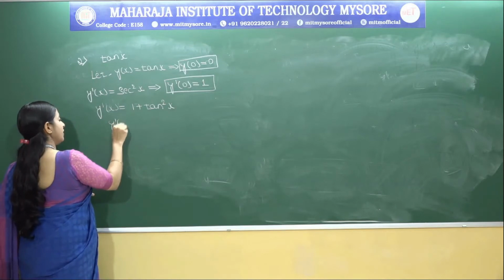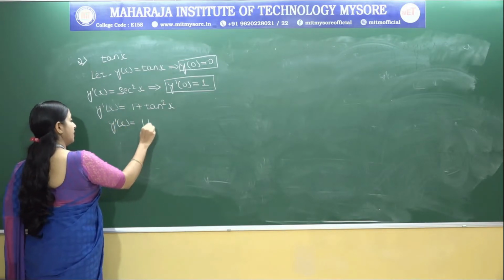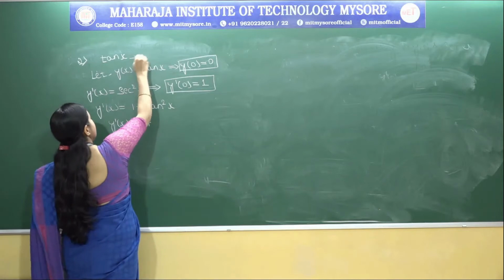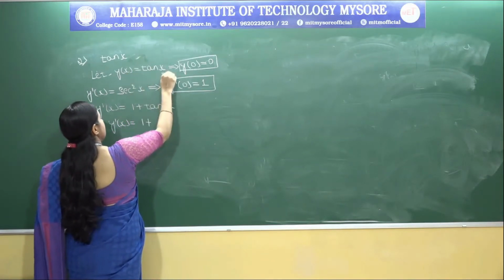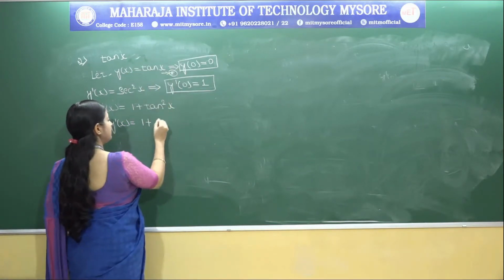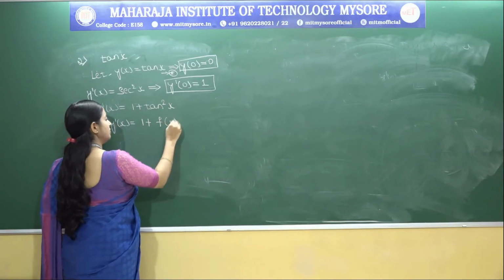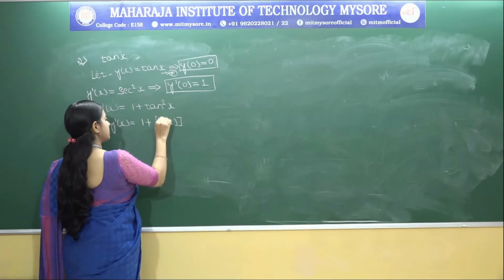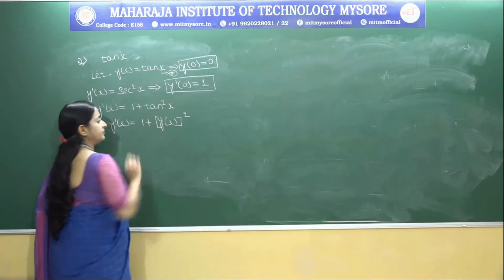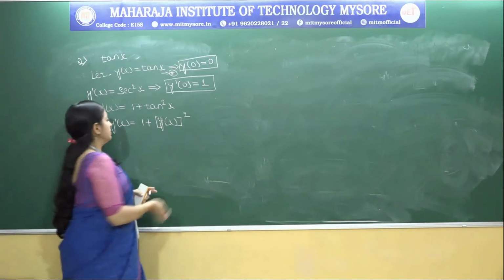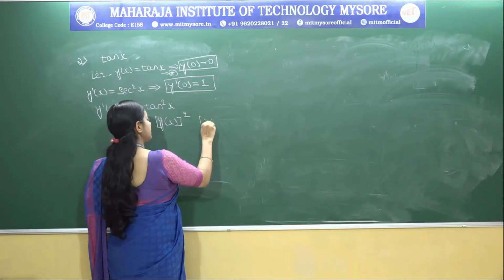So y dash of x equals 1 plus y of x whole square. Take this as equation star.